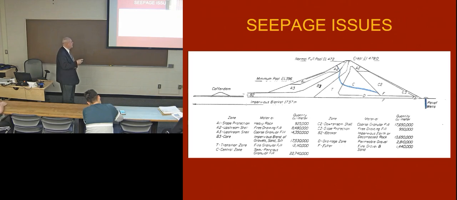Now, some important features here. This blue line, what do you suppose that line is? What do you call that line? It's the top line of a flow net. Nobody remembers phreatic line? Okay, the phreatic line is the boundary between saturated material and unsaturated material. It's the top flow line of a flow net.